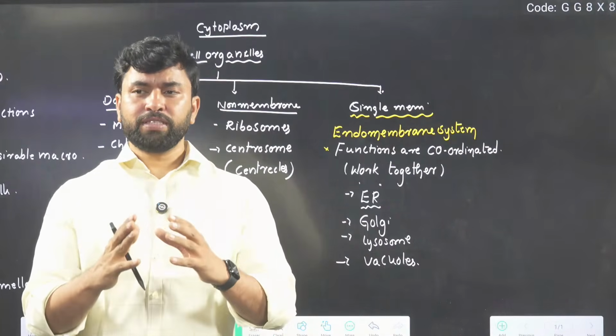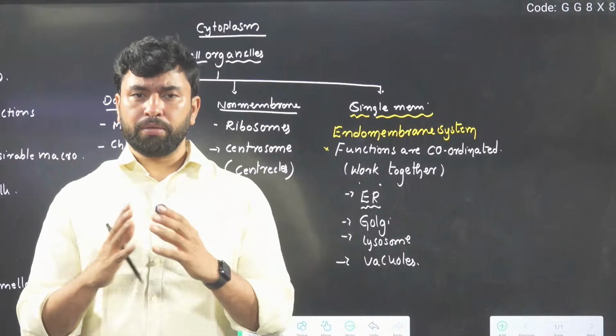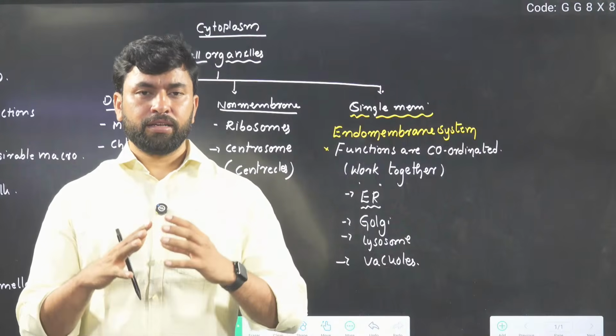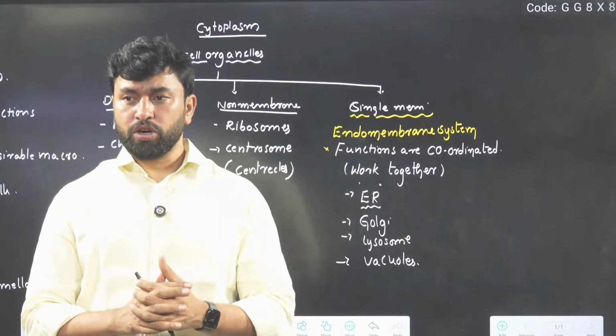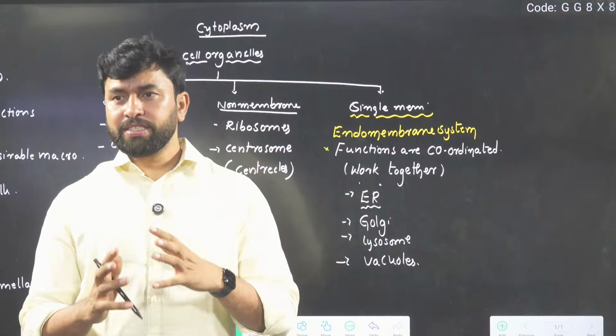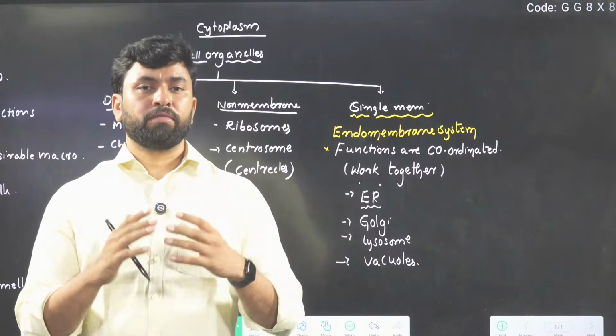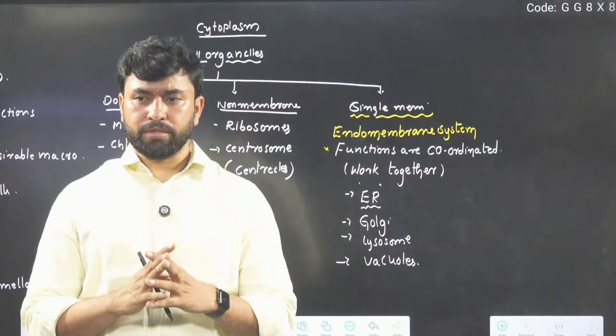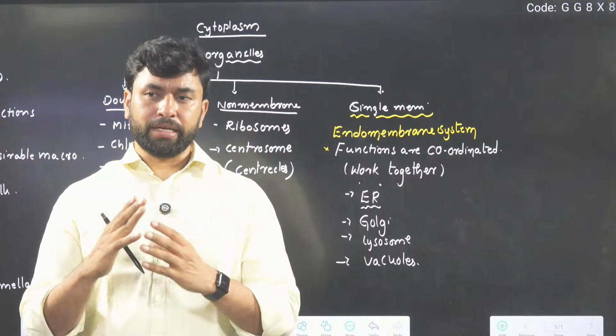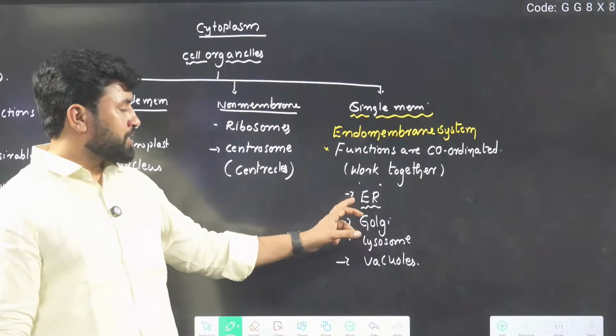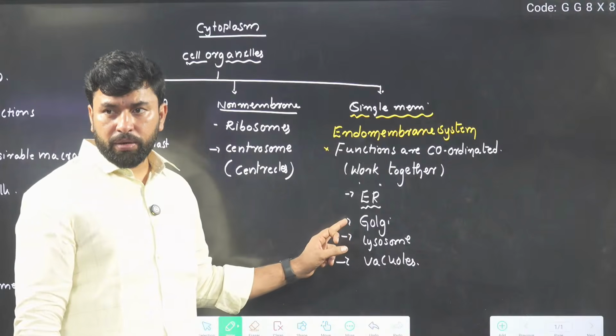If a cell has no endoplasmic reticulum, that cell obviously does not possess a Golgi complex. If a cell has no Golgi complex, it cannot develop lysosomes and vacuoles, because they develop like this. The endoplasmic reticulum will produce the Golgi complex.